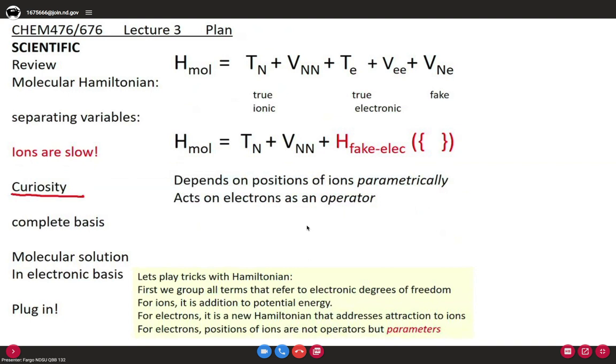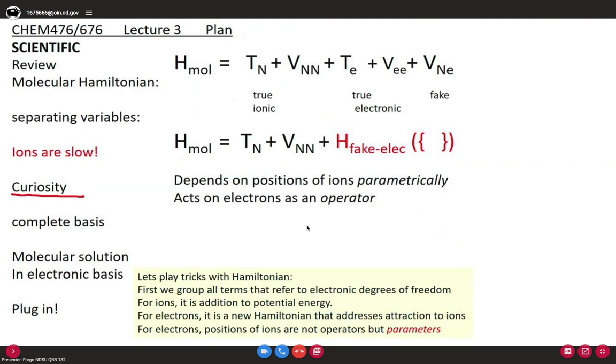And remember, before we had T T V V V. Now we have T V T V V. We have regrouped them, and there is a big sign behind it. So compared to the previous time when you saw this molecular Hamiltonian, it was first kinetic for nucleus, kinetic for electrons, and then all three potential energies. Now we group together everything that relates to nucleus and everything that relates to electrons, and then the bad guy.